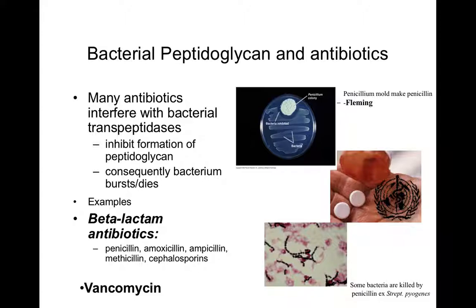Again, I'm hoping in lecture I'll have time to describe that. Then people took the penicillin and chemically modified it to make semi-synthetic penicillin or semi-synthetic beta-lactams such as amoxicillin and ampicillin. The beauty of these two beta-lactams is they can cross the cell walls of that group of bacteria that we call the gram-negative. So we'll come back and talk about that in more detail later.